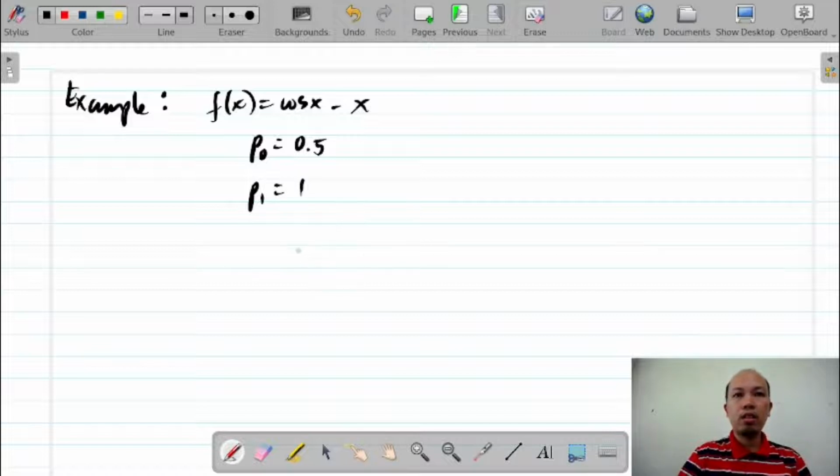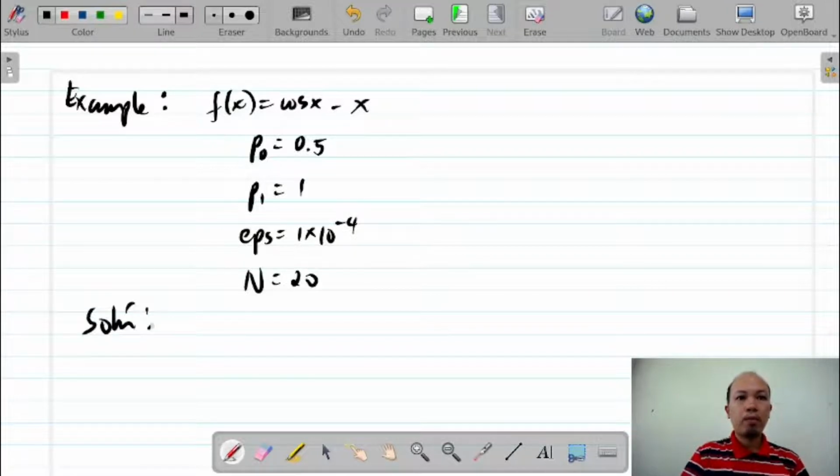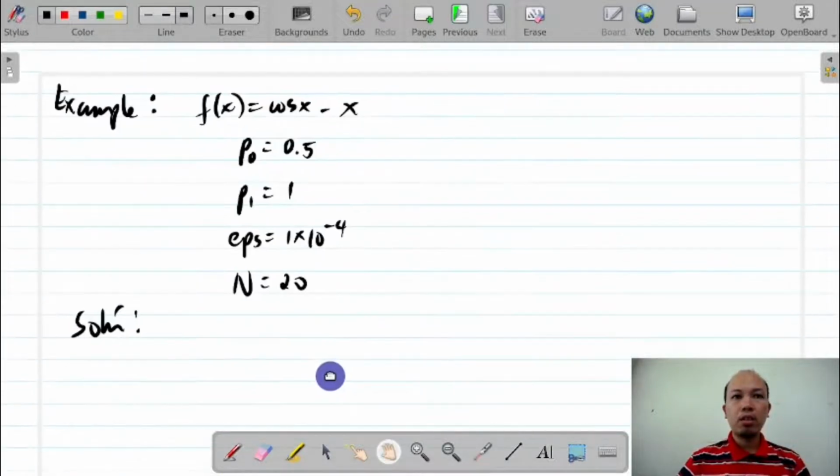So that's the given. Of course, the tolerance EPS is 1 times 10 to the negative 4, and our n is 20. We will use these two assumptions in the Python code for the second method. So let's compute this first by hand.